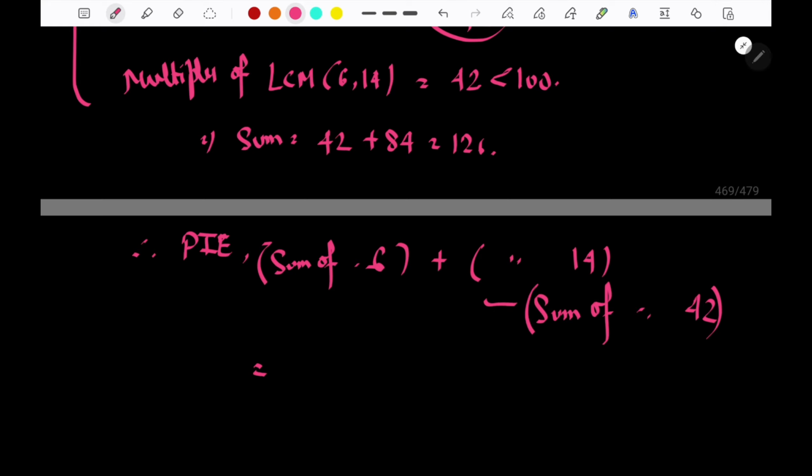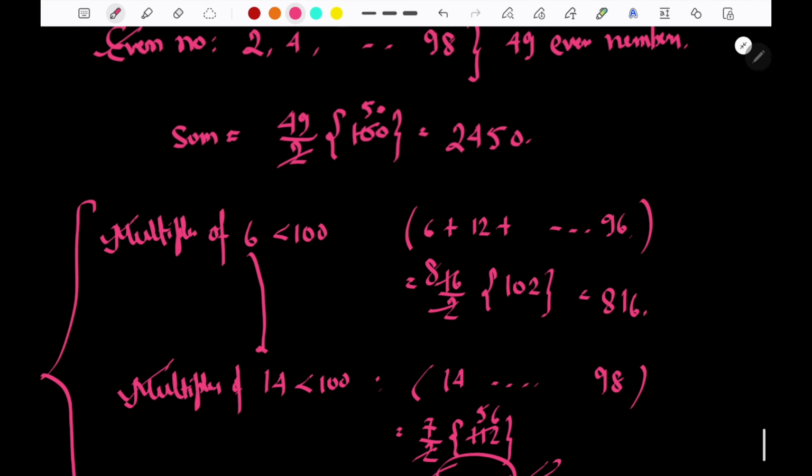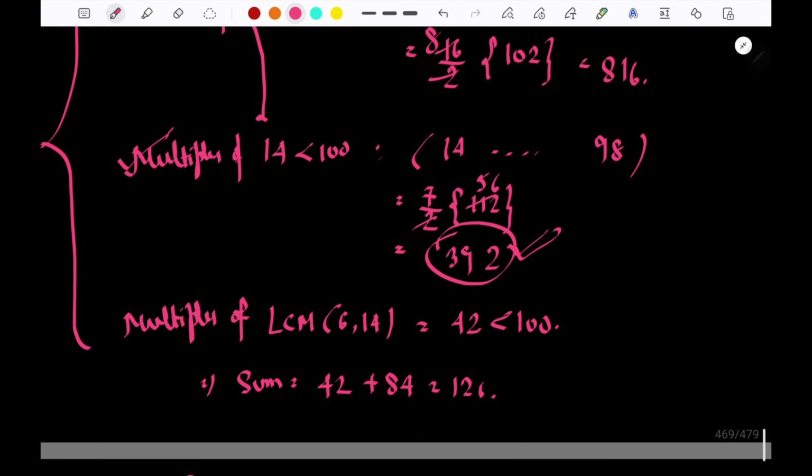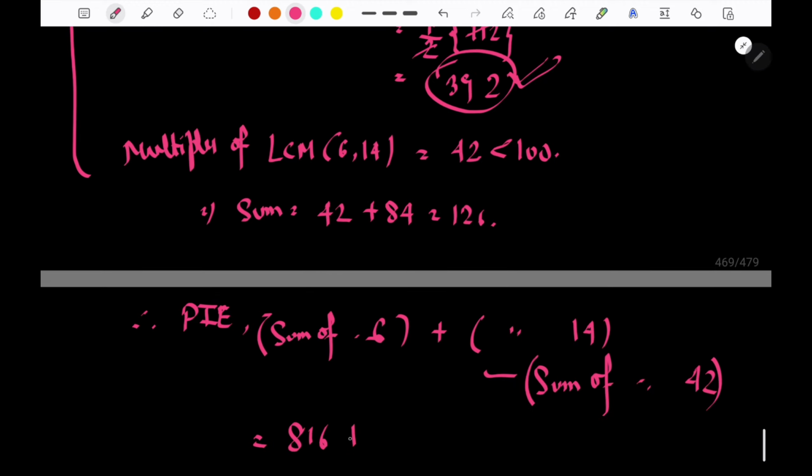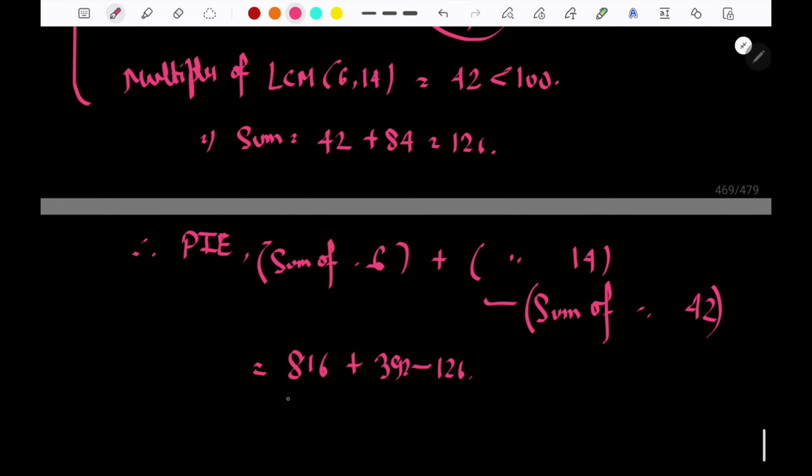So what will this be? Total was 816, plus 392, and minus 126. So what is the value?